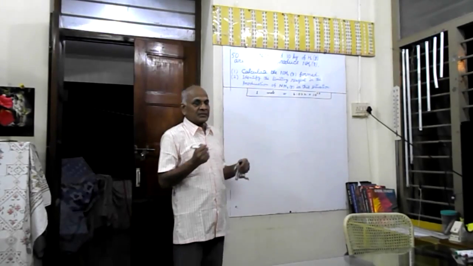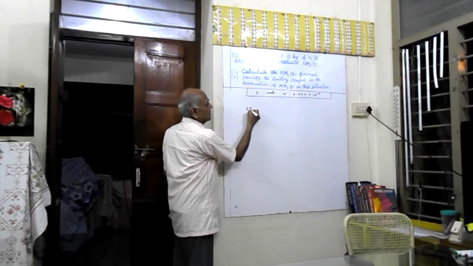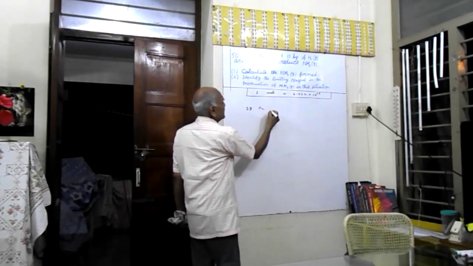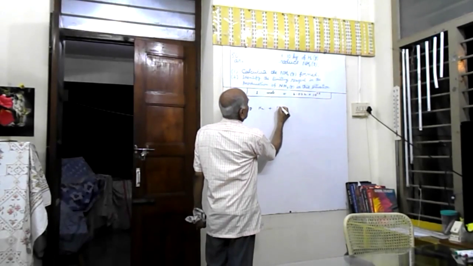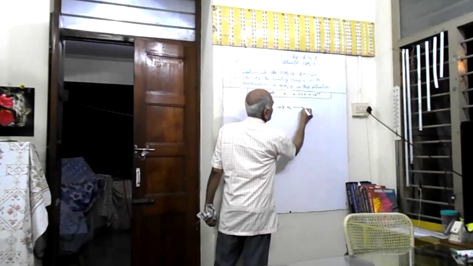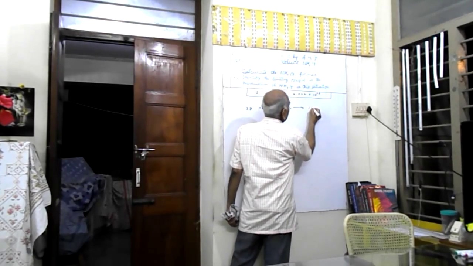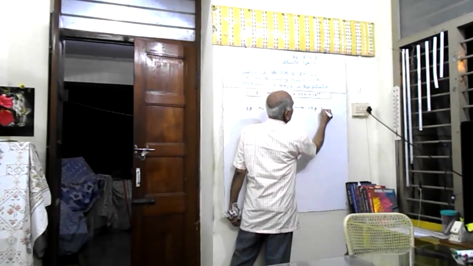What we have understood now is 3 grams of hydrogen will combine with 14 grams of nitrogen to yield 17 grams of ammonia.